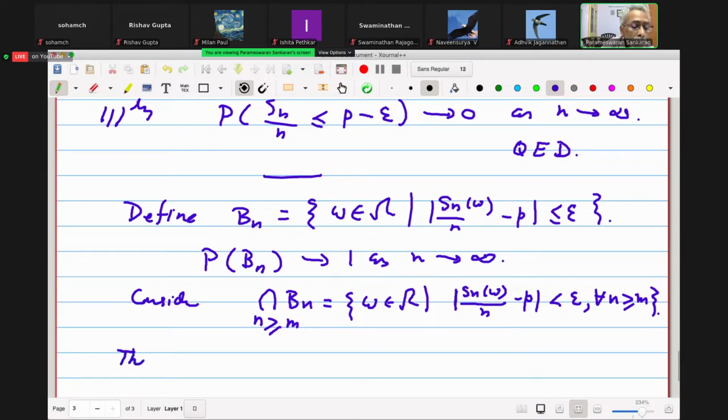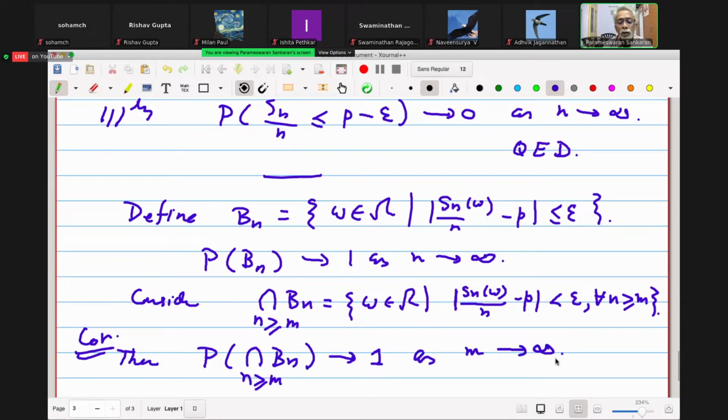Then also, this is a corollary of the proof, the probability of the intersection of Bn, n bigger than or equal to m, goes to 1 as m goes to infinity.